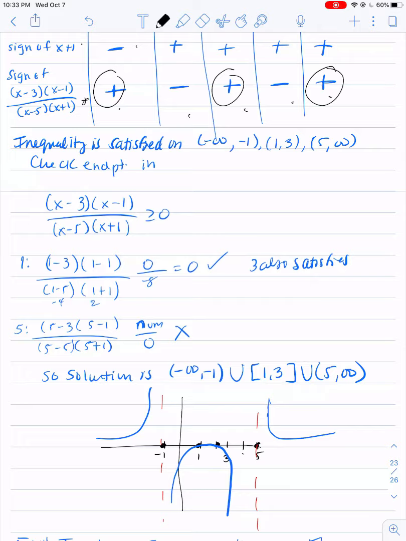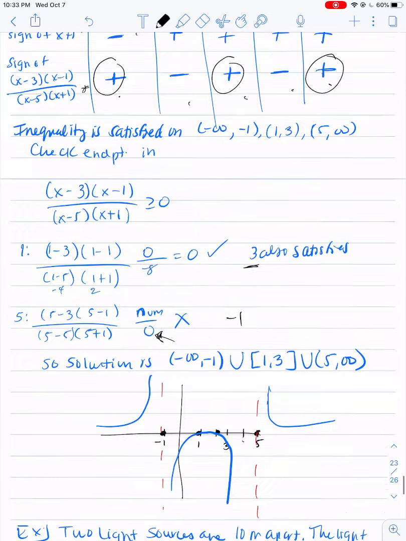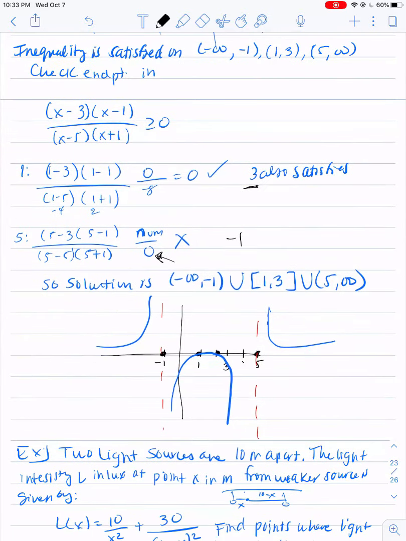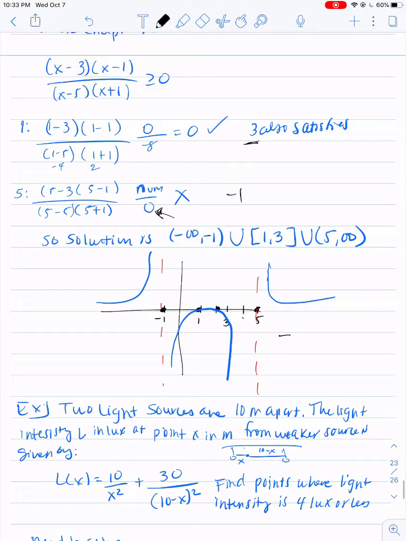And then I check 5, and that one does not work because we get a 0 on the bottom. And then when I check -1, that's the same thing. And when I check 3, this one also satisfies it. So my solution set is -infinity to -1, unioned with 1 to 3, including those points, unioned with 5 to infinity.